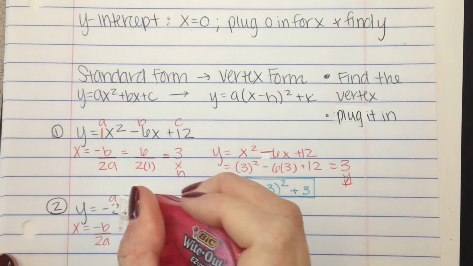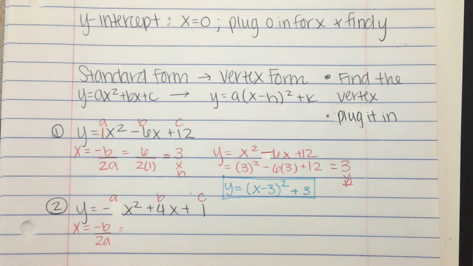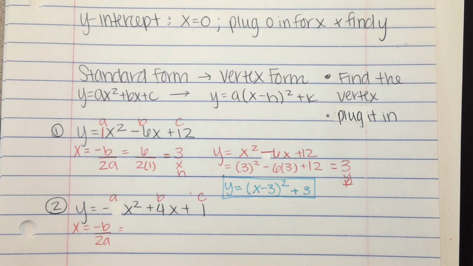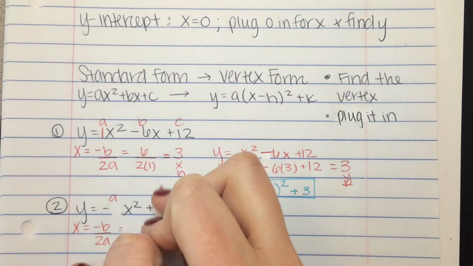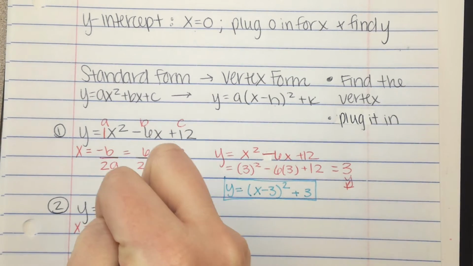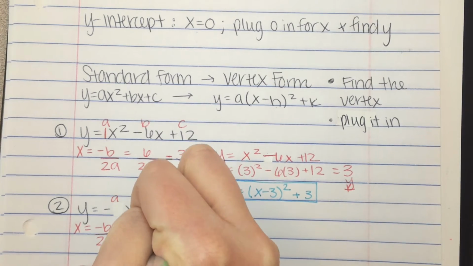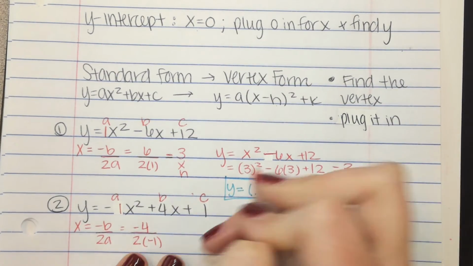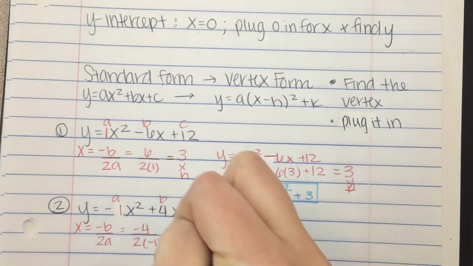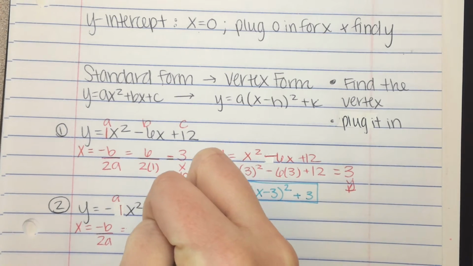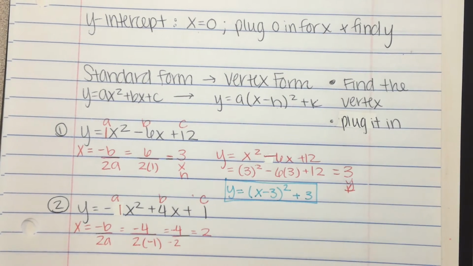I'm going to make this so it will match your problem in Math Excel. So I do apologize. Change that to just negative x squared plus 4x plus 1. Okay, now we'll do the opposite of b, so that's negative 4 over 2 times negative 1, because we can put a 1 there. All right, so that's 4, or negative 4 over negative 2, which is just 2.